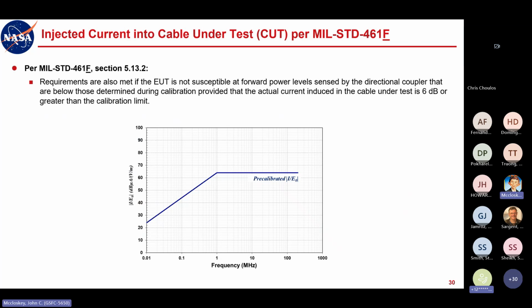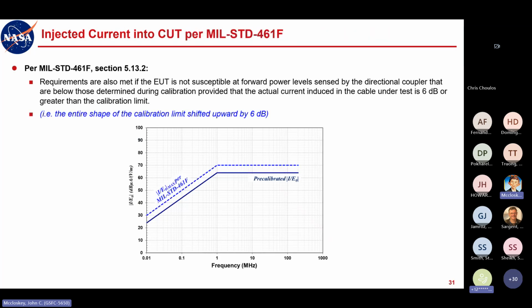I'm not really thrilled with that wording, but that's what's in the mill standard. But the basic idea is that your maximum injected current per 461F is what's shown in the baby blue curve there. It's the entire pre-calibration curve shifted up by 6 dB. That is the intent of what that wording in 461F means. That is not what we're doing.